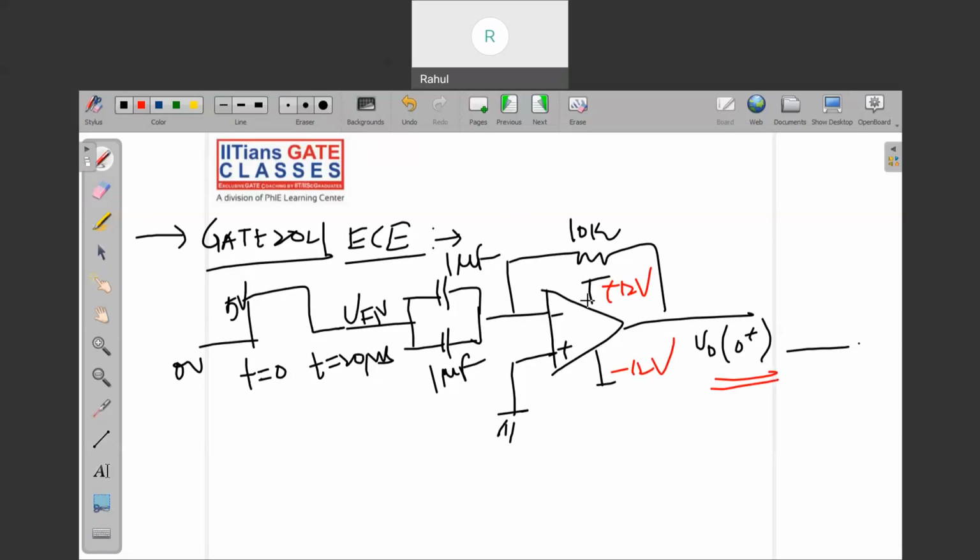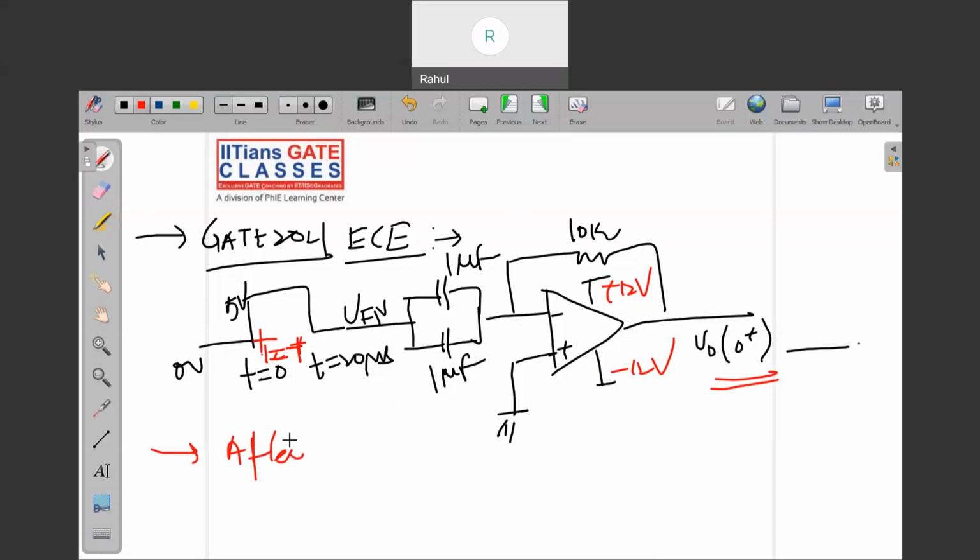But as you go, after t equal to 0 plus, your op-amp will get saturated, or you can say, after t equal to 0 plus, your capacitor will continue to behave like a short circuit.